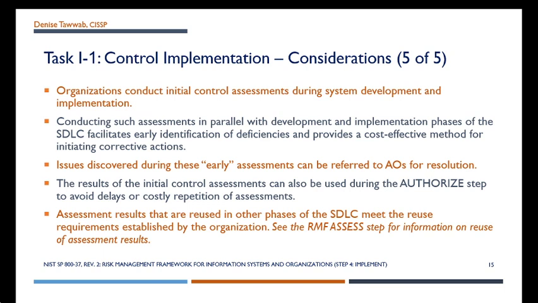The results of the initial control assessments can also be used during the authorize step to avoid delays or costly repetition of assessments. So those early assessments that you perform during the development and implementation phases of a system, you can reuse during the authorize step of the risk management framework to avoid repeating work and incurring more costs.